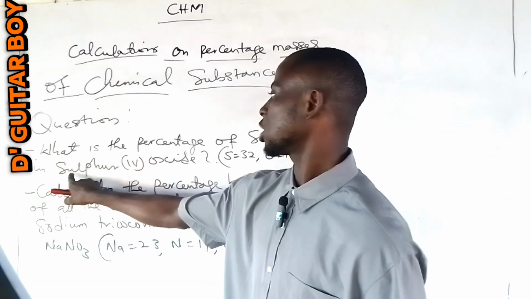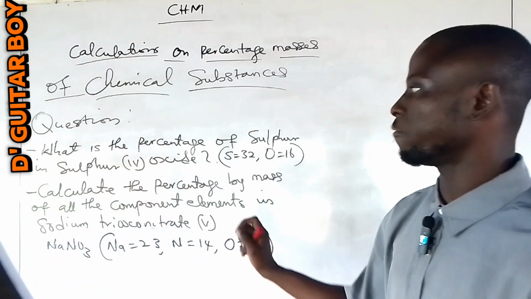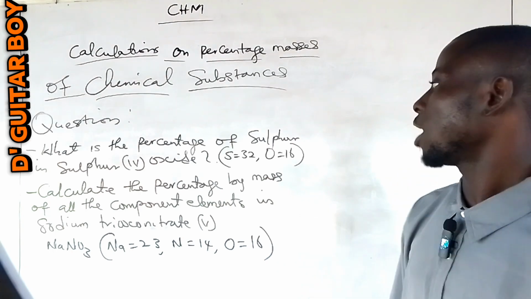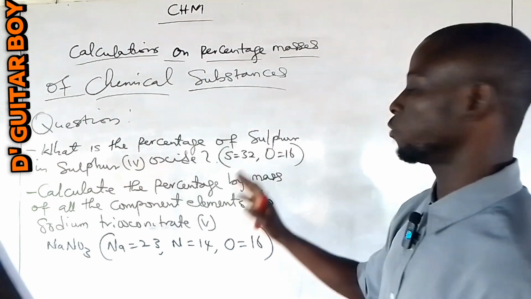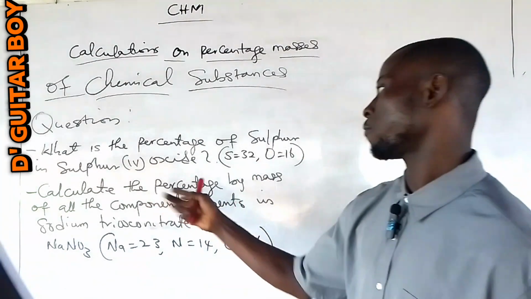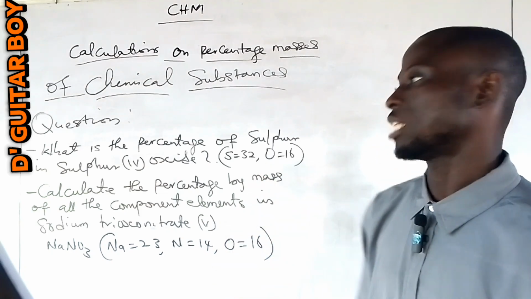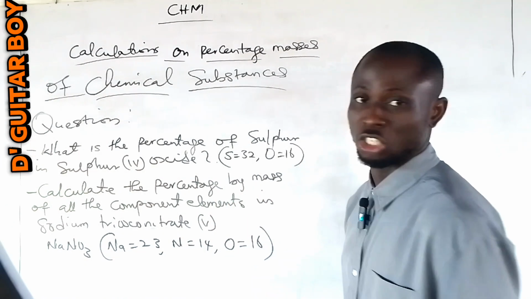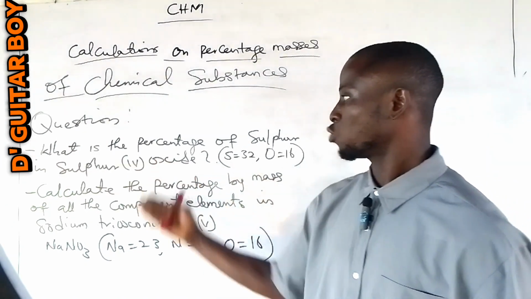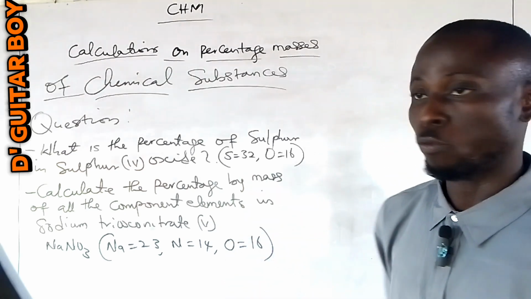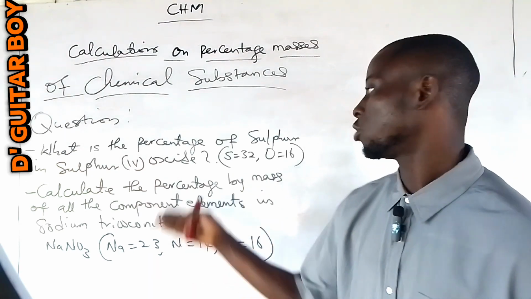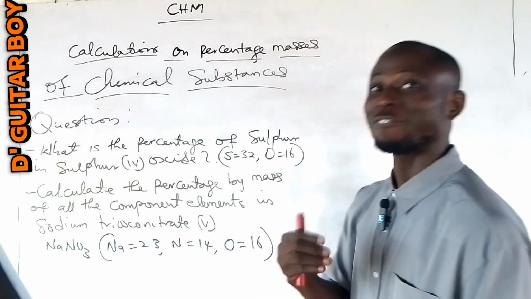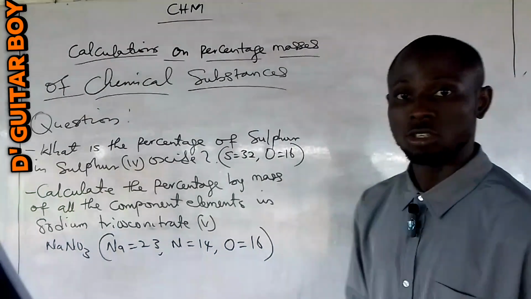Like sulfur 4 oxide, they might write the formula in the question, and also give you the masses of the components of the substance. Like in sulfur 4 oxide, we have sulfur and oxygen. Now, what is the ratio of sulfur to oxygen? From this question, you don't know the ratio, because they did not write the chemical formula here. So you have to write it yourself and calculate yourself.